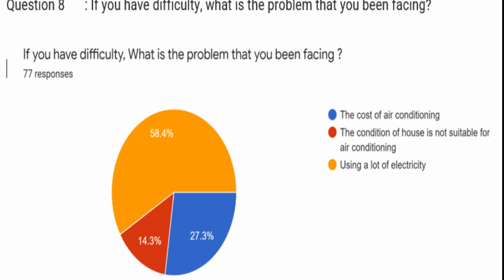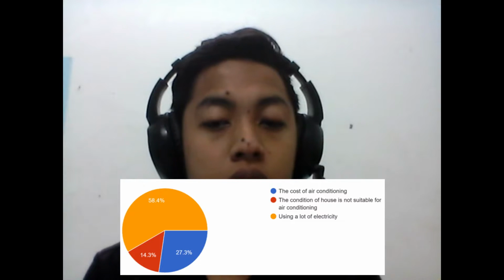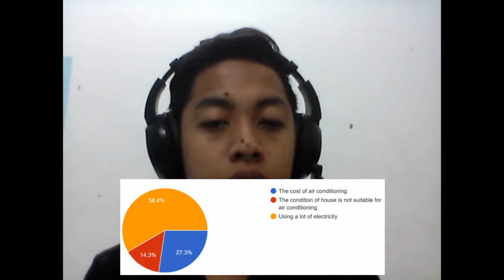Next, I would like to highlight the data of question 8, where we ask the respondents, if they are having difficulties when using air conditioning, what problem they are facing. With a percentage of 58%, the respondents agreed that air conditioning uses a lot of electricity.